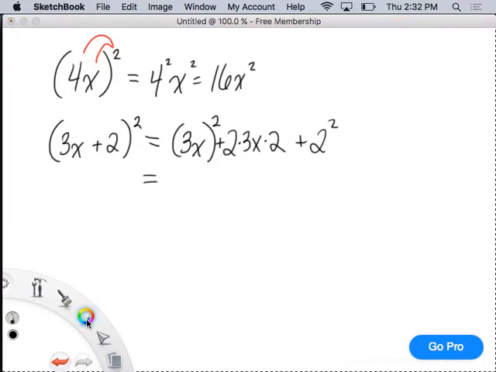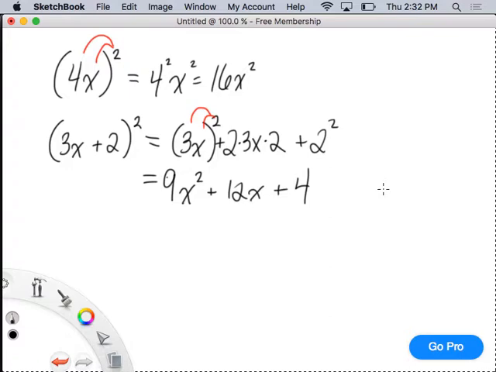This exponent needs to be distributed into the 3 and the x, so it becomes 3 squared, which is 9, x squared, plus 2 times 3 is 6, times 2 is 12x, plus 2 squared is 4. You guys see? Any questions on this one?